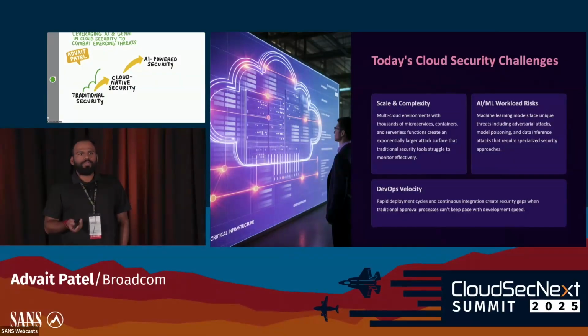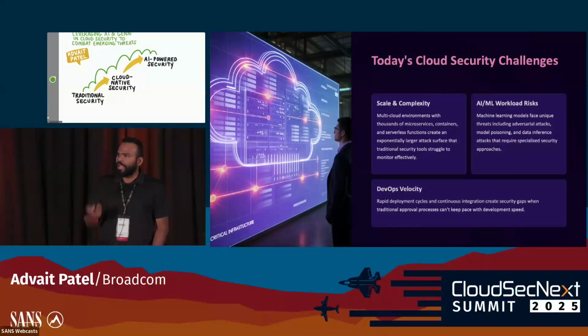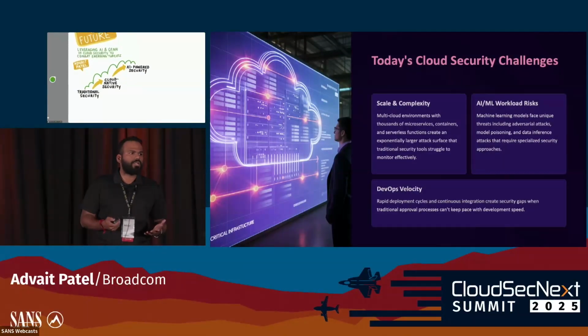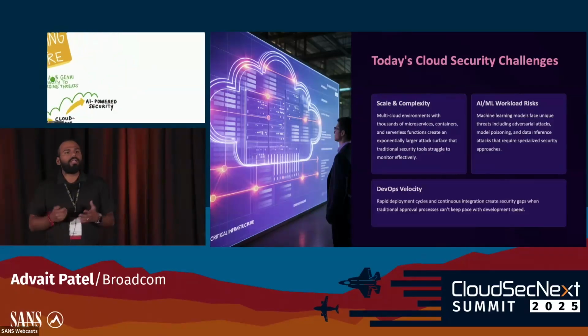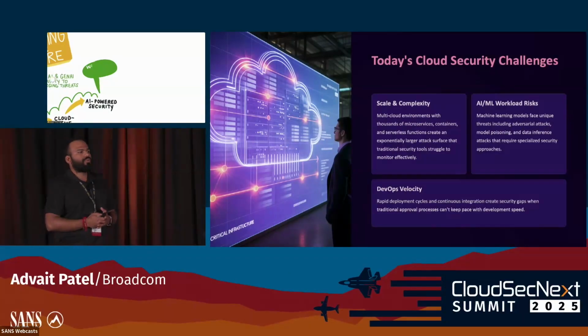So before we talk about why we need Gen AI to strengthen our security posture, let's think about what are the technical challenges that we are facing in our production environments, right? So first is scale and complexity.